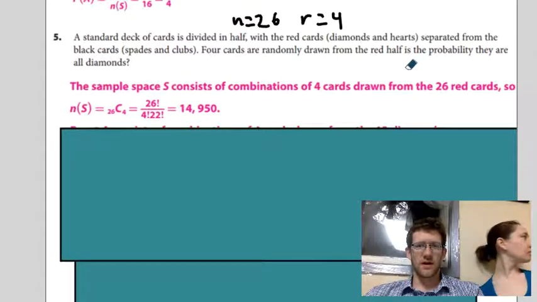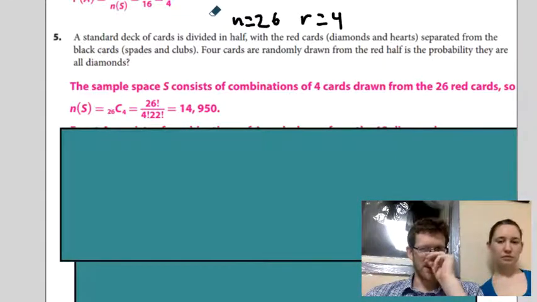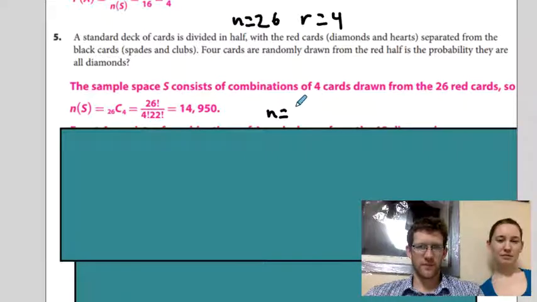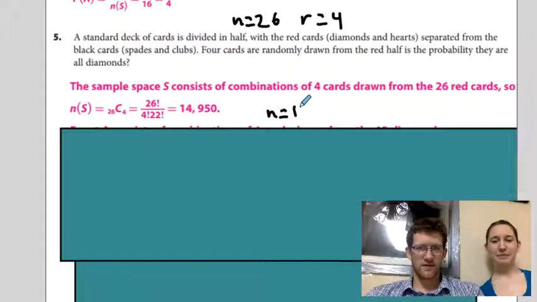Now we need to narrow it down a little bit. It says, what is the probability that the 4 cards randomly drawn are all diamonds? Again, we want to get an all diamond hand with those 4 cards. This time we're just talking about diamonds, n is equal to what? 13.